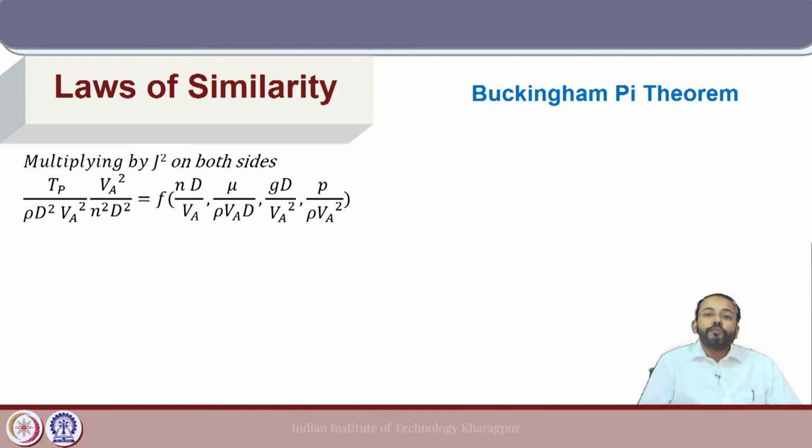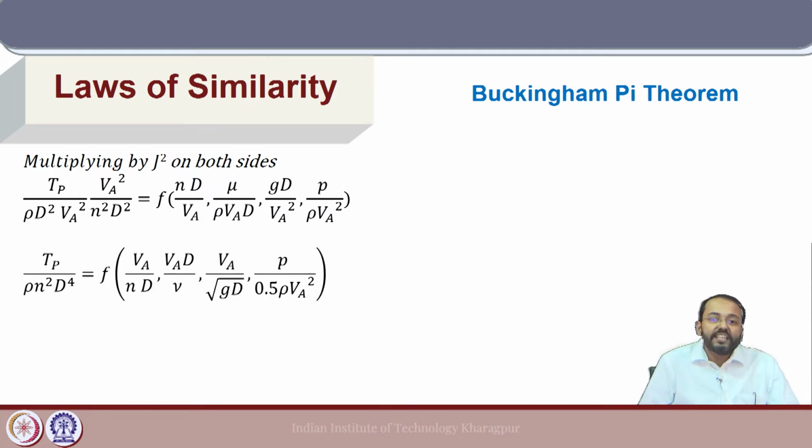Because we want to express these non-dimensional quantities with relation to the concepts of Reynolds number, Froude number, etc. So, if we do this, we will get T by rho n square d to the power 4 as a function of these 4 non-dimensional quantities. Now, one by one let us see what these are.